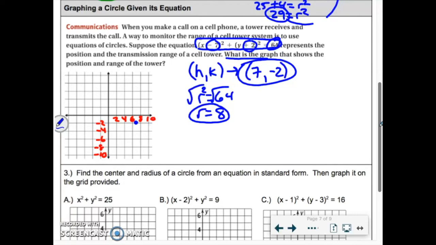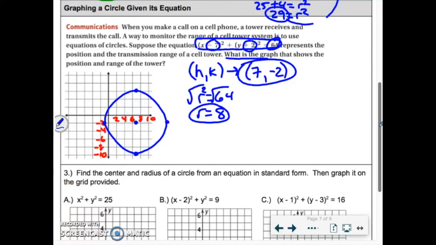I start from my center that's marked blue over here, and I go 8 up: 2, 4, 6, 8. I also go 8 down, and 8 to the left and 8 to the right. We are going to go a little bit off the graph, so I'll estimate where that's going to be. And then it's about trying to connect the circle as neatly as you can.